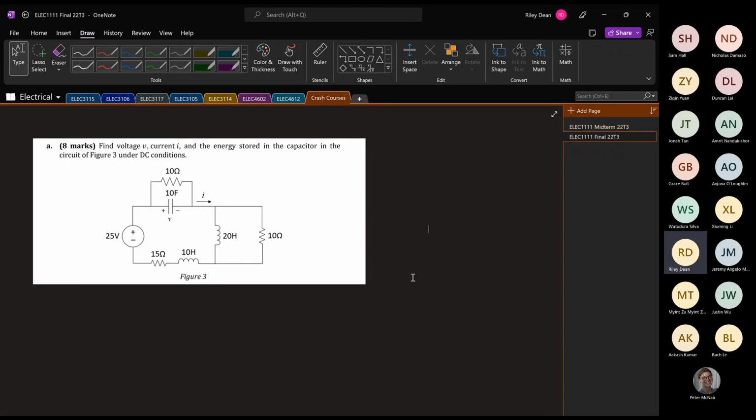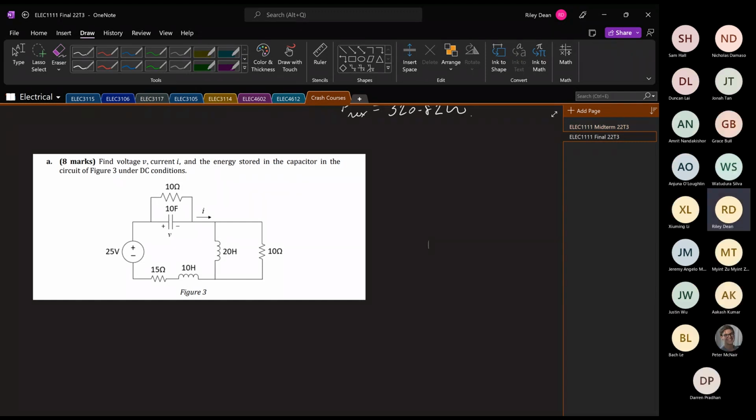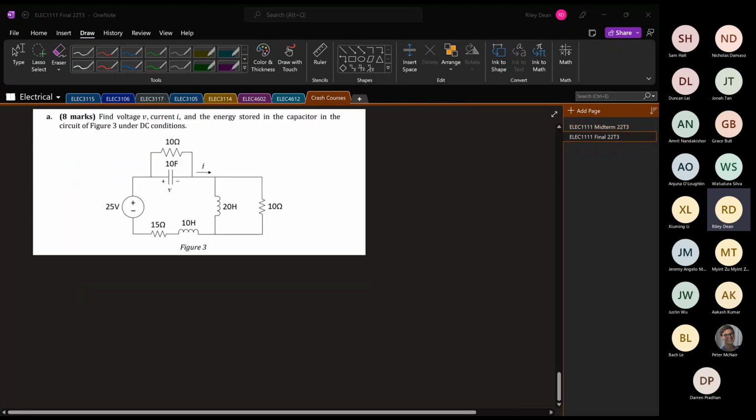Awesome. So now I think we'll just get moving. If anyone has any questions, we can sort through that. Next, we get to the part where we're looking at capacitors and inductors. The first part is we've got to find the voltage, current, and energy stored in the capacitor under DC conditions.